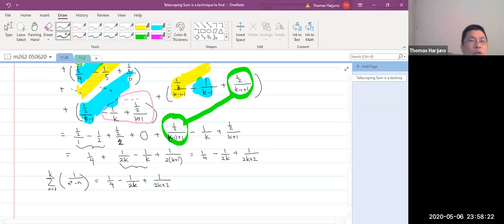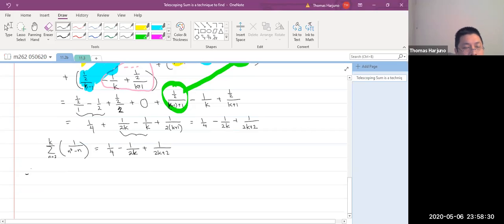Now, I don't even want to simplify that, just leave it like that, because the next thing we will do is to take the limit, right? Limit as k goes to infinity of s_k will be the limit as k goes to infinity of this thing, which equals what? It's 1/4.